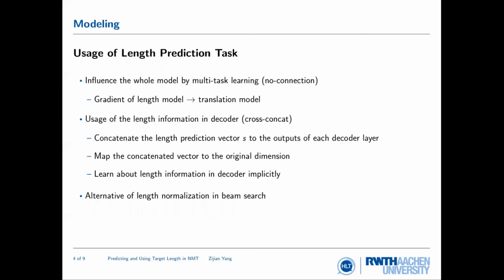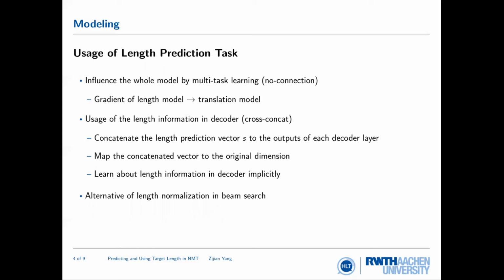So the length prediction model can be used in three ways. The first one is to influence the whole model by multitask learning, since gradients of the length model will propagate to the translation model. In this case, there is no other connection between the length model and the translation model, so we call this no connection. The second one is to pass the length information to the decoder side, which is called cross-concat.